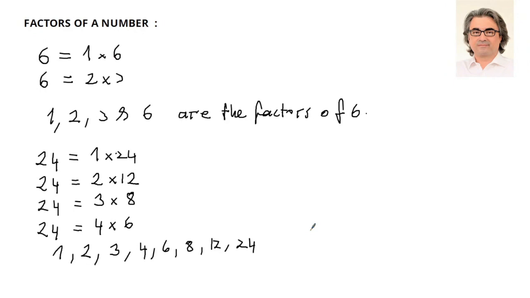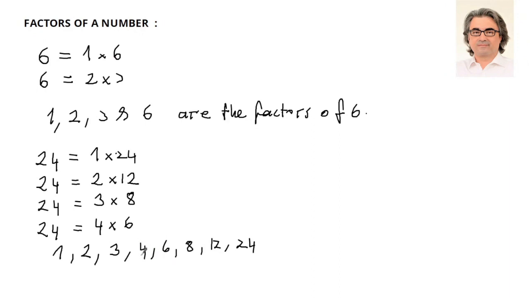Is there any other? Let's check it. Let's try to work on the factors of 24. 1, 2, 3, 4. After that 6, after that 8, 12, and 24. Now, you know 4 times 6 gives you 24. So after 4, I don't need to write, pay attention to this point.